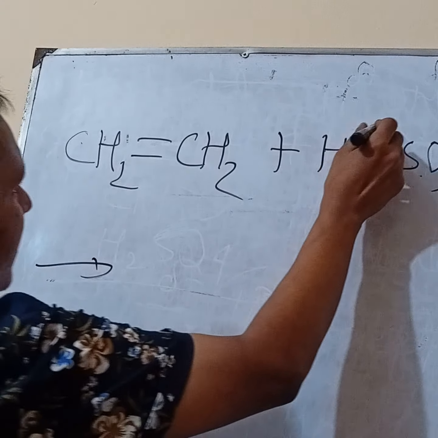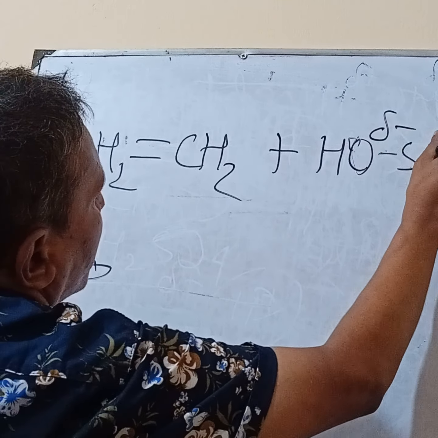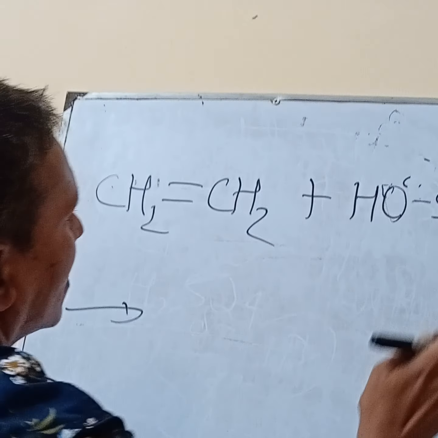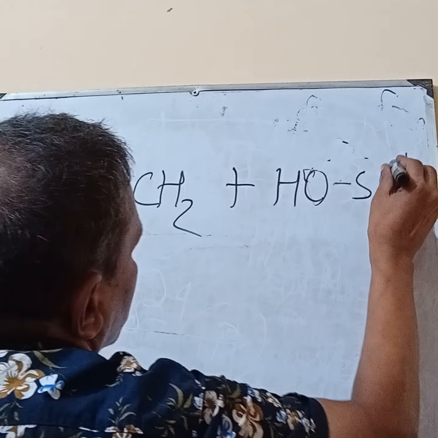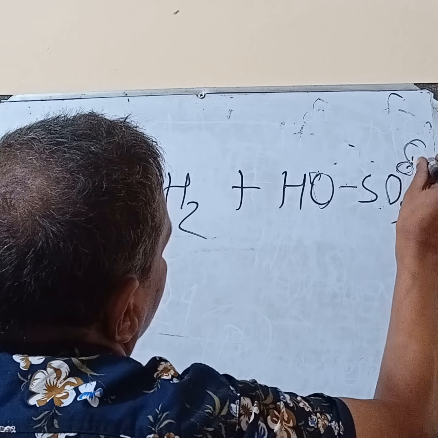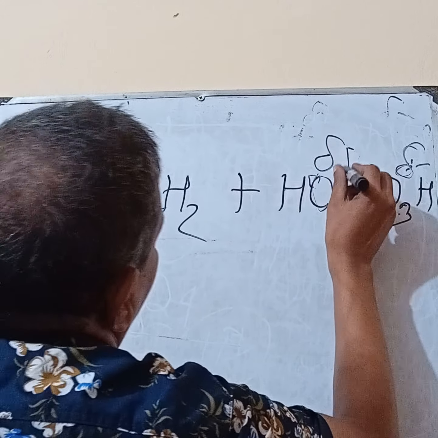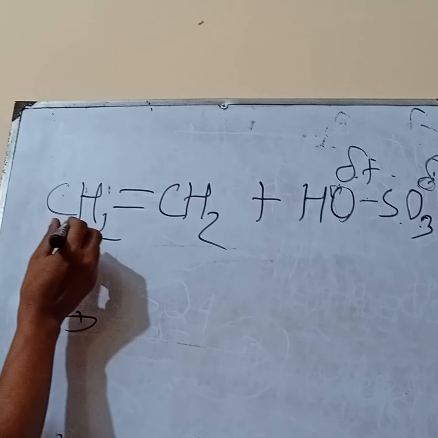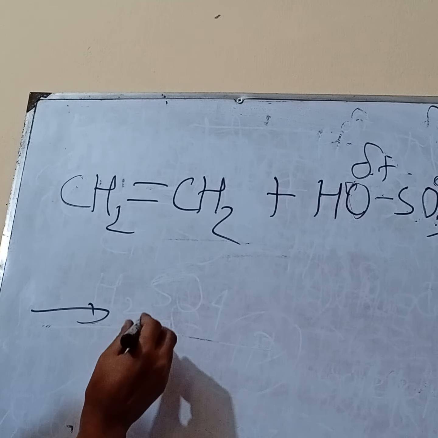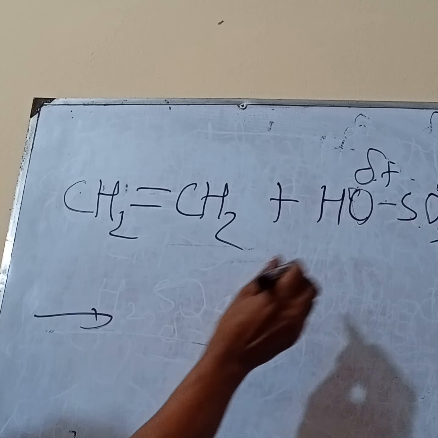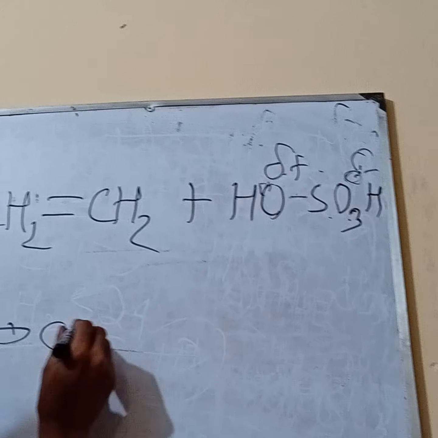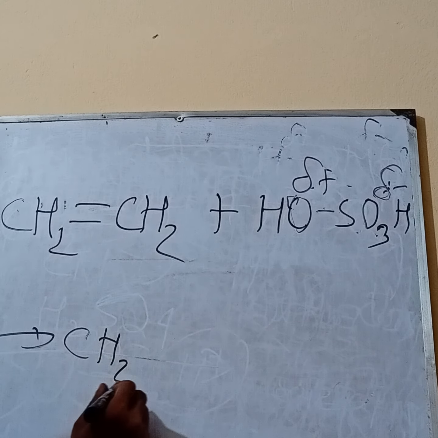O is negative, S is positive, and the OSO3 group is much more negative than OH. This is the negative, this is the delta positive.